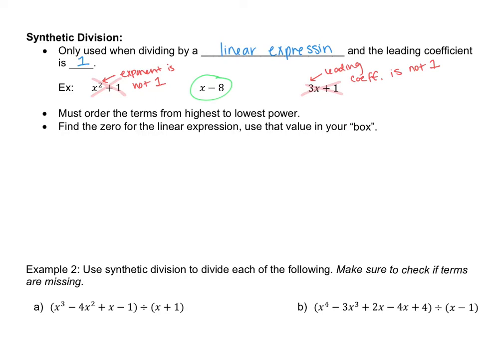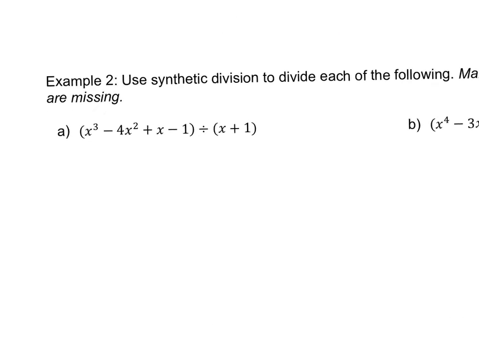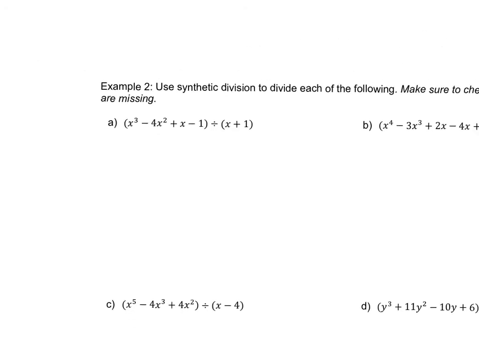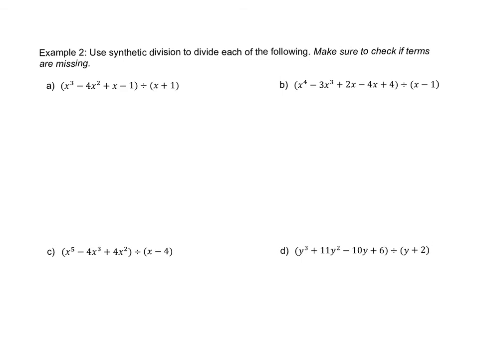So let's do an example problem here with example 2. The direction says, use synthetic division to divide each of the following. Make sure to check if any terms are missing.